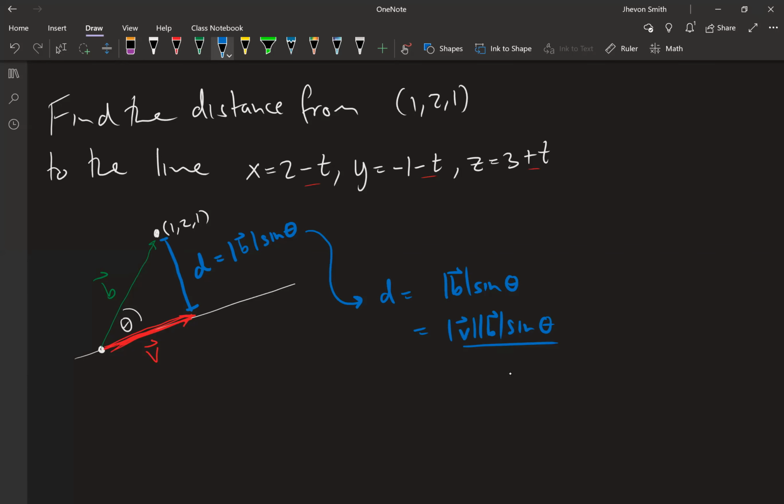Let's do V, B sine theta over the magnitude of V. And so that's going to be the magnitude of the cross product, V cross B, divided by the magnitude of V.